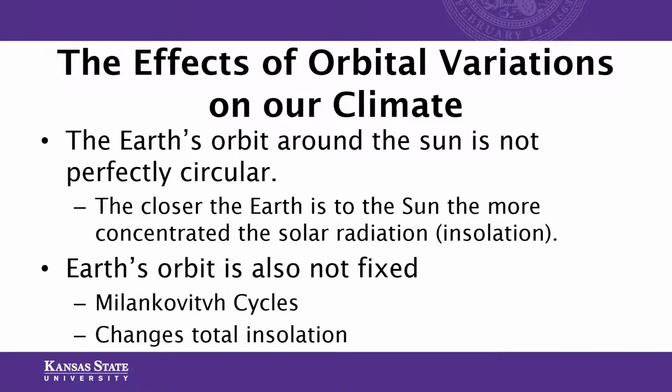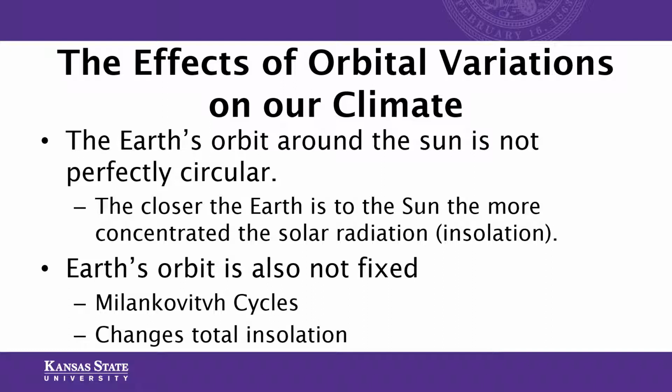Another important part of all of this is related to orbital variations. So this is also a refresher of information that I know you've learned before. Our Earth does not orbit around the sun in a perfectly circular orbit, right? It's much more of an oval.